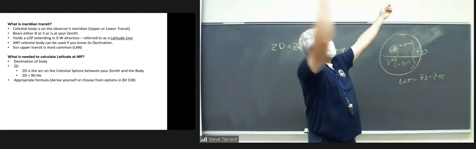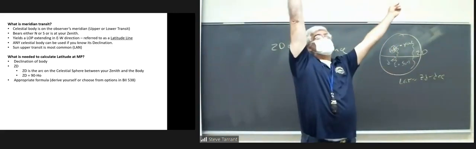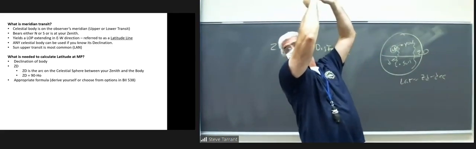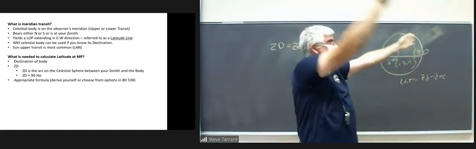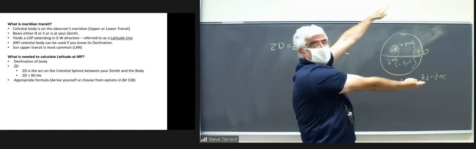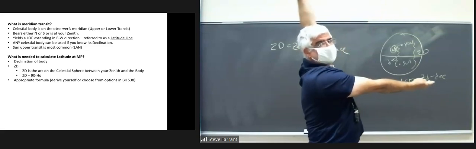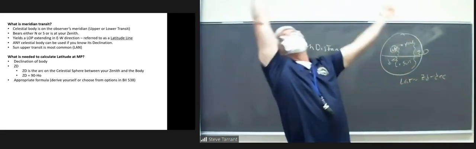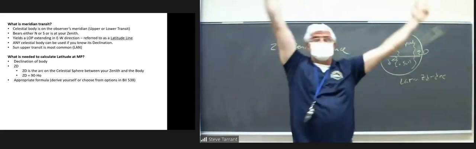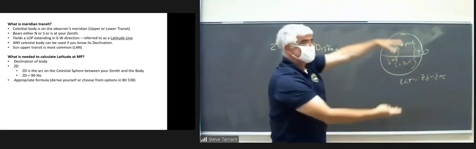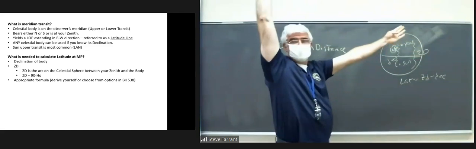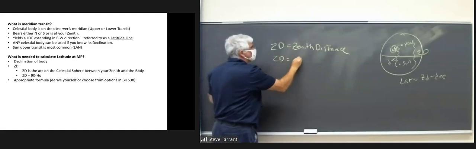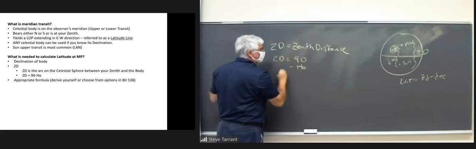But how am I going to get this? I want zenith distance, but when we're out there with the sextant, are you pointing the sextant at the top, right up there? No. You're pointing it at the horizon. We take this angle, HO, and subtract it from 90, and that gives us zenith distance. The reason is that out on the boat, you don't know where your zenith is, so you have to use something stable, and that's the horizon. So we use HO as a proxy for ZD: ZD is 90 minus HO.